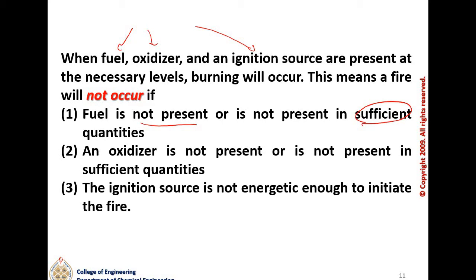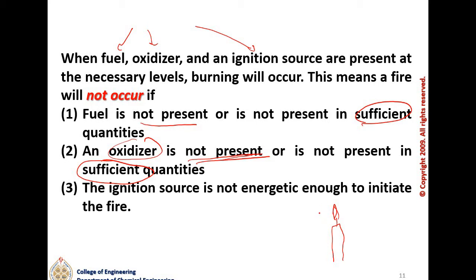And this also goes with the second element, which is oxidizer. If you remove oxygen, you will stop fire. But maybe oxygen is not sufficient. It's not enough, and because it is not enough, the fire goes off. That's just a small example where you have a candle.